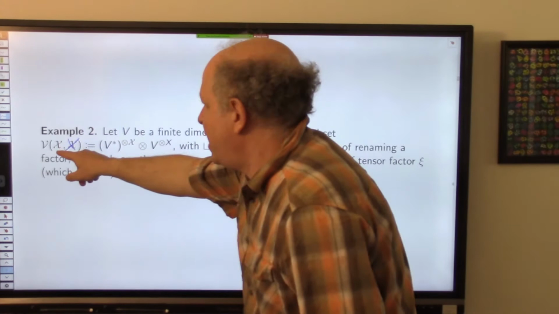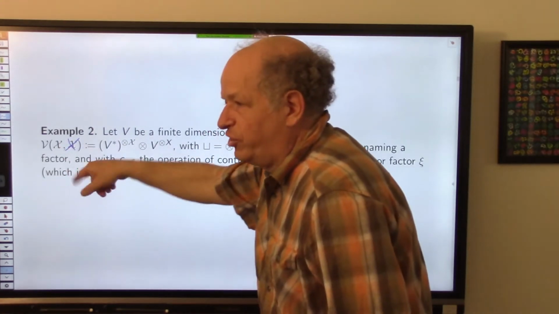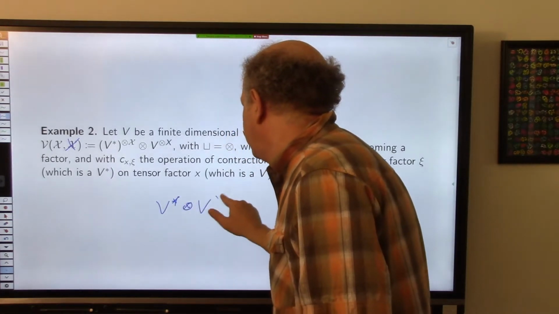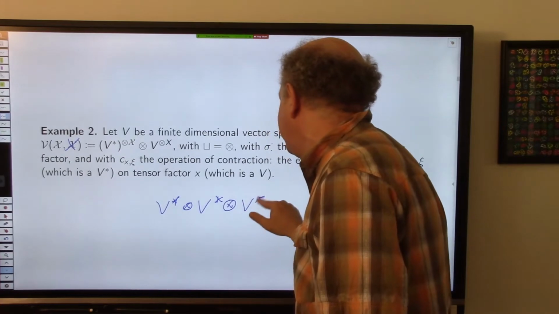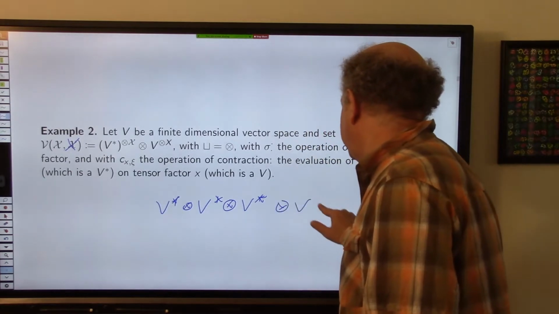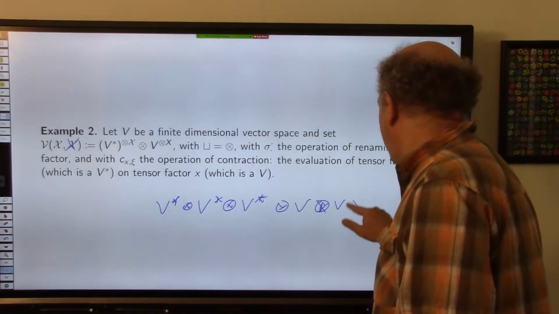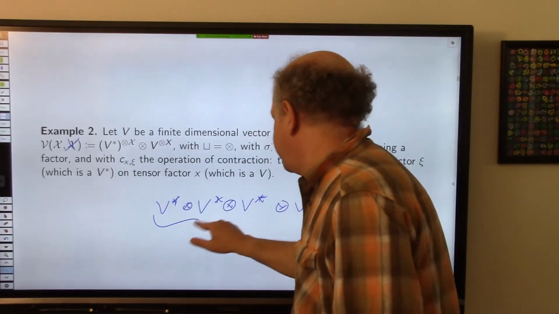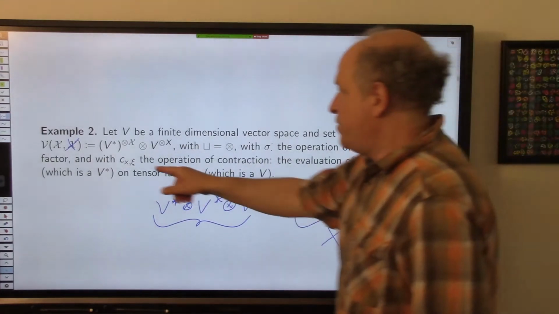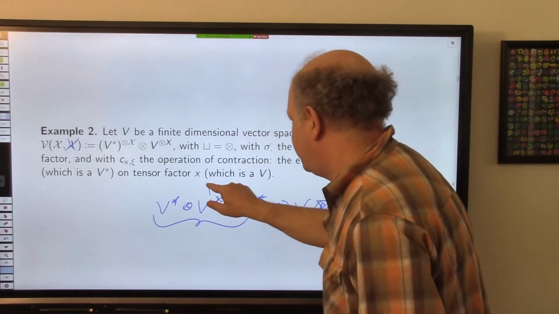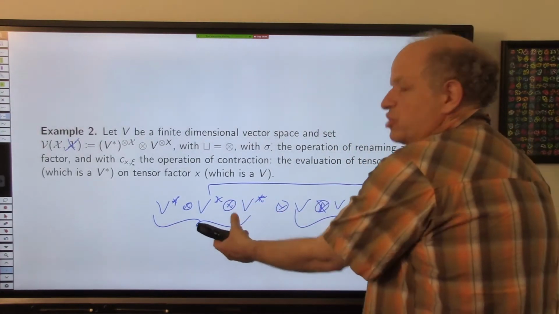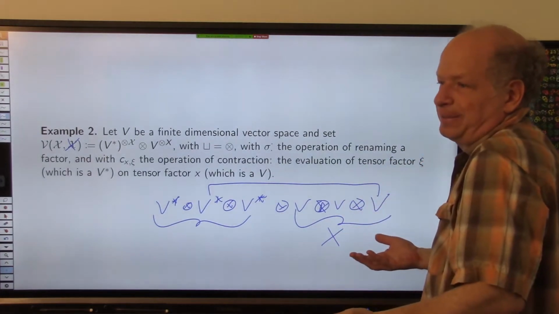An element of this contraction algebra would look like a tensor in a certain number of copies of V dual indexed by the calligraphic X, tensor a certain number of copies of V labeled by the uppercase X, and then Cx psi will be the contraction of a tensor factor here with a tensor factor here. And it lowers the number of factors just as you would expect.